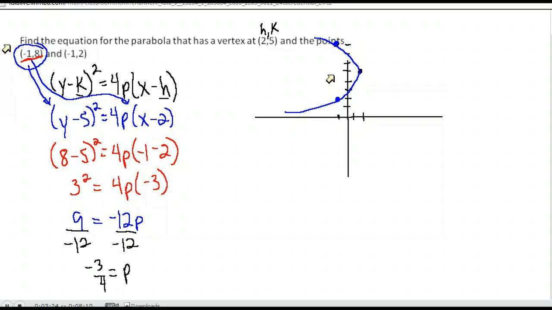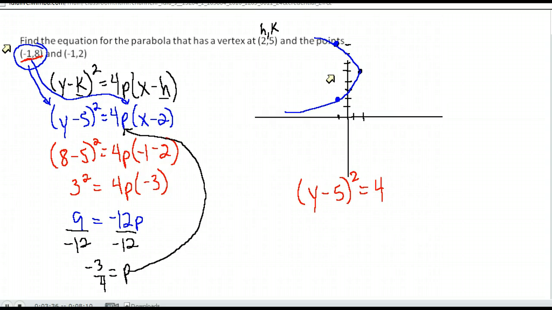So what do we do with that? We take it back up to this standard form that we were working with. So again, recall that we knew, based on our vertex and the direction it opened, that we had (y minus 5) squared equals 4p times (x minus 2). We've now solved and found that this p is negative 3/4. So we just put that right into the equation and simplify it.